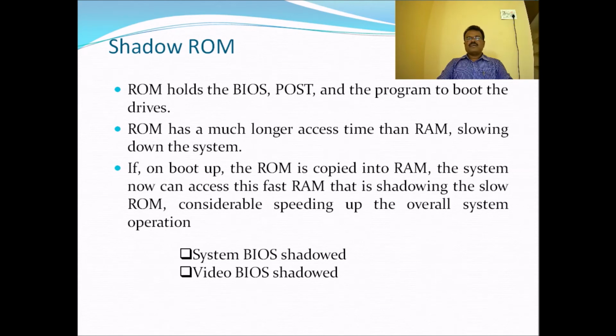ROM has a much longer access time than RAM, slowing down the system. If on boot up the ROM is copied into RAM, the system can access this fast RAM that is shadowing the slow ROM, considerably speeding up the overall system operation. So system BIOS is shadowed and video BIOS is also shadowed here.